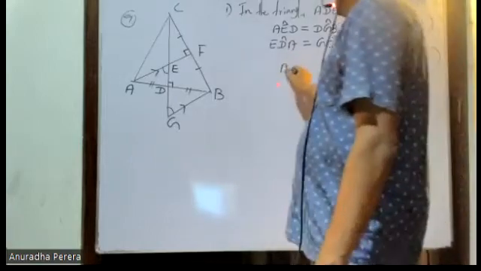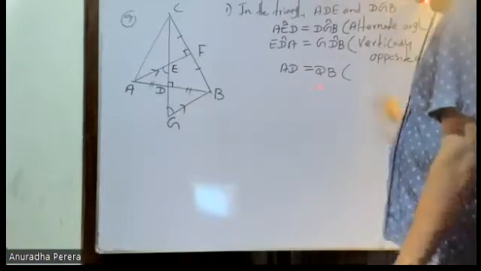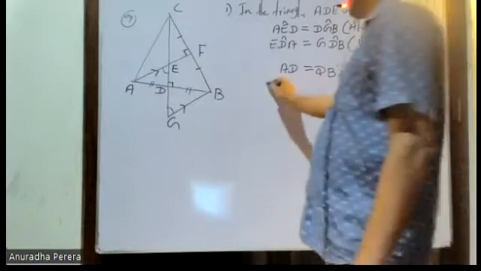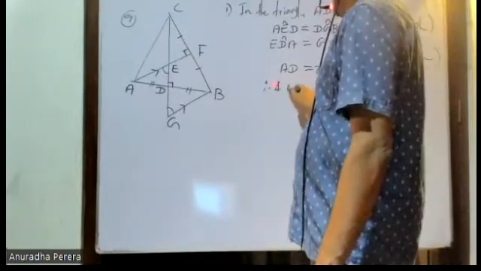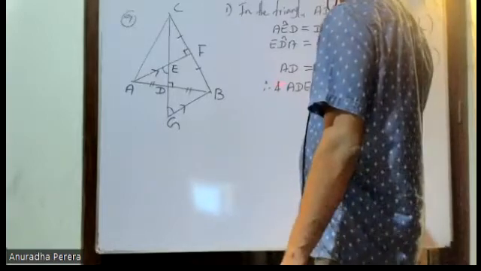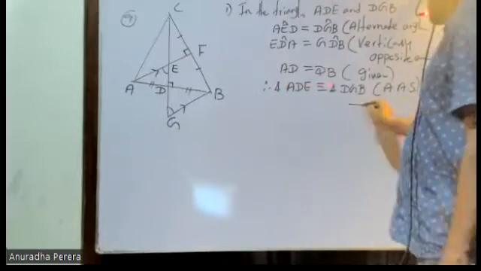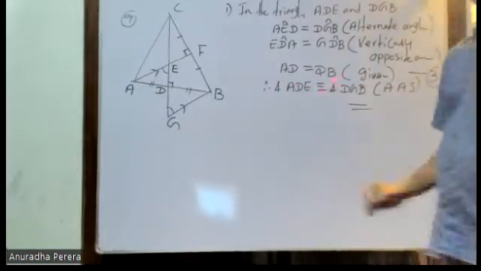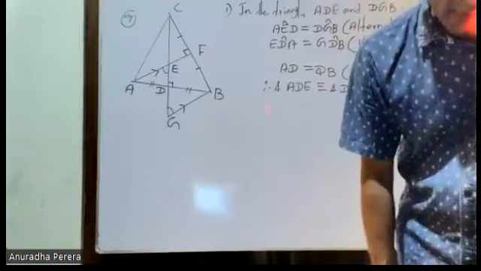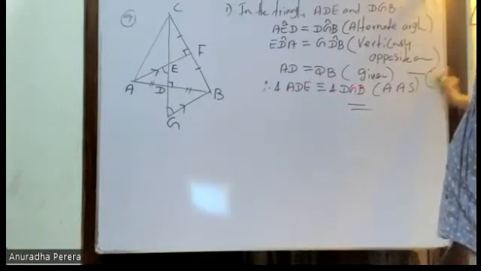AD equals DB, given. Therefore, triangle ADE is congruent to triangle DGB under the case angle side. 3 marks. No, only 2 marks. It is only 2, not 3.